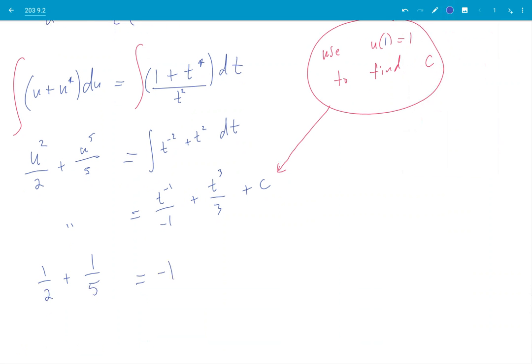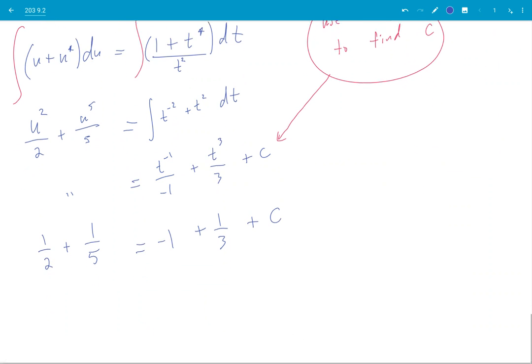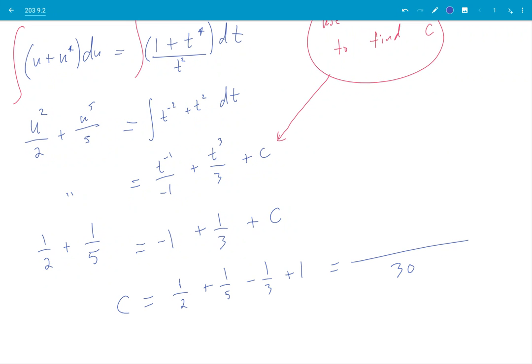Minus 1 plus a third. Oh, now I have to sort out these fractions. So c is equal to a half plus a fifth minus a third plus 1, which is common denominator 30. Oh, bother. 15 plus 6 minus 10 plus 30.